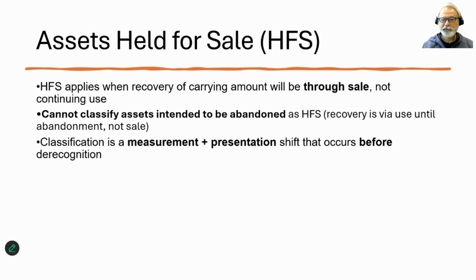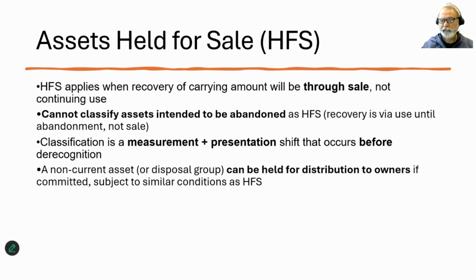It's a conscious decision. A non-current asset or a disposal group that is held for distribution to owners can be classified as held for distribution, but it's not held for sale, though its conditions are similar to held for sale.